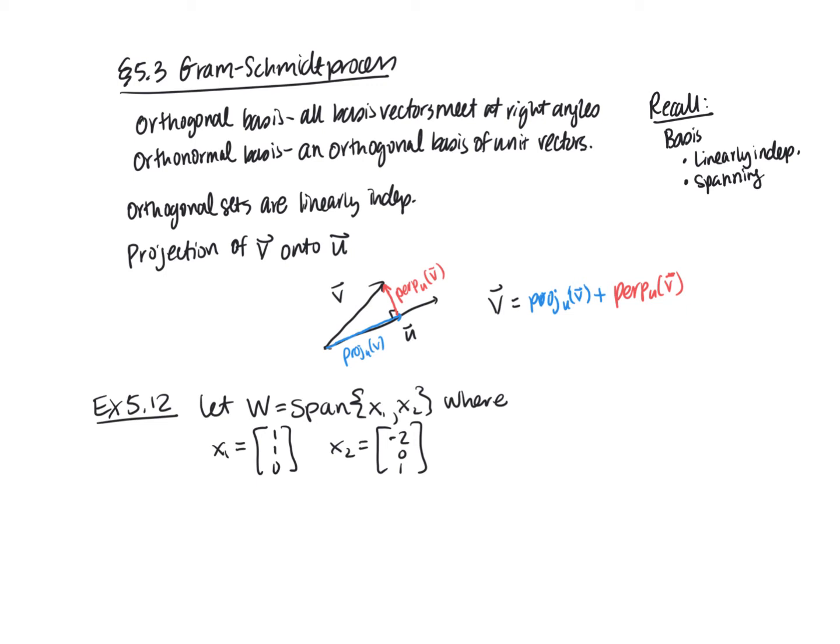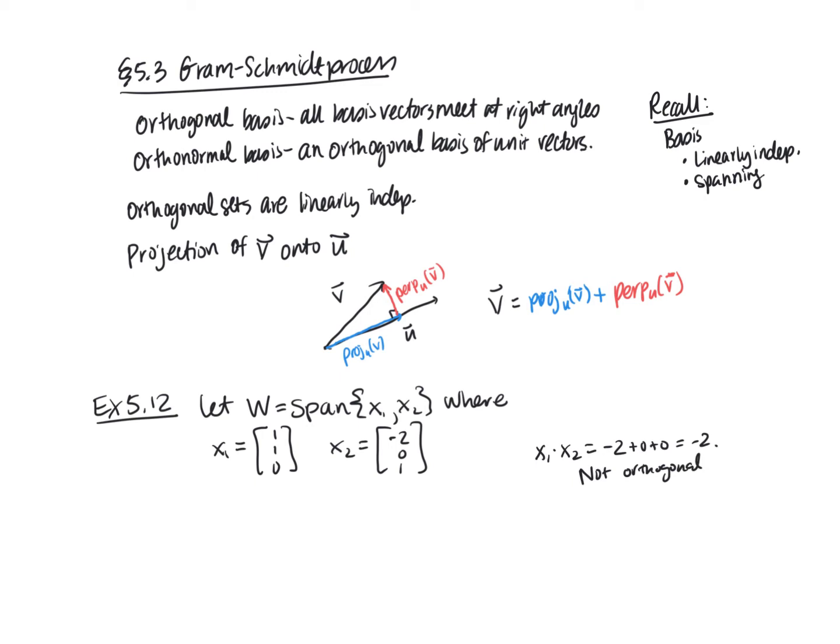I can check to see if they are orthogonal to one another, and I know whether or not they're orthogonal by whether their dot product is 0. So if I do x1 dot x2, that gives me 1 times -2, so -2, 1 times 0, which is 0, 0 times 1, which is 0. So the dot product is just -2. That means that they are not orthogonal.